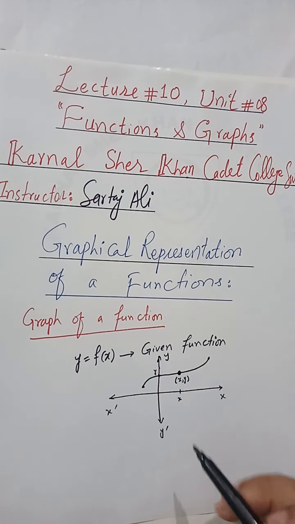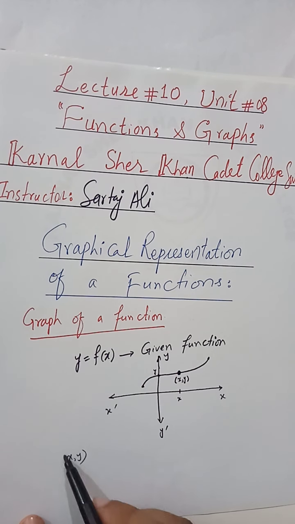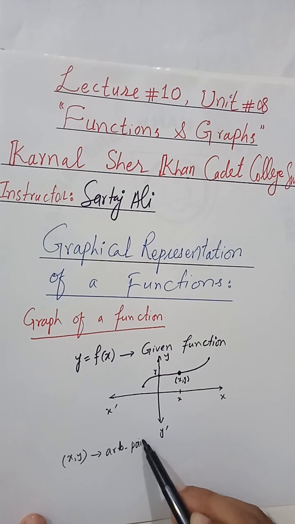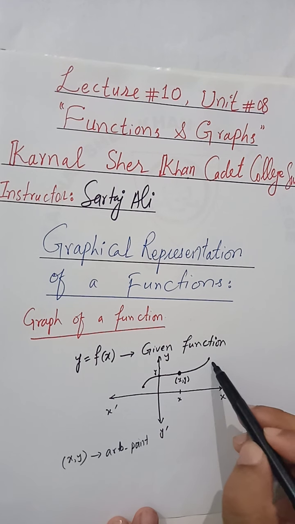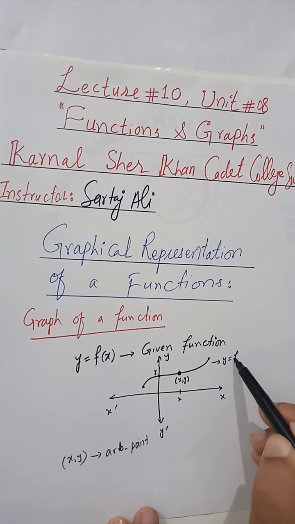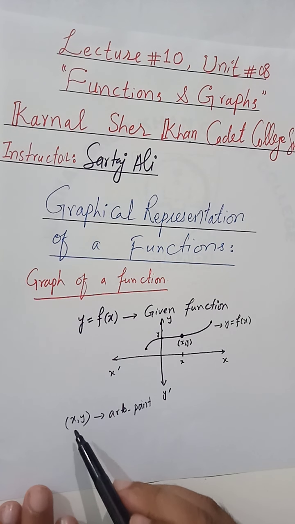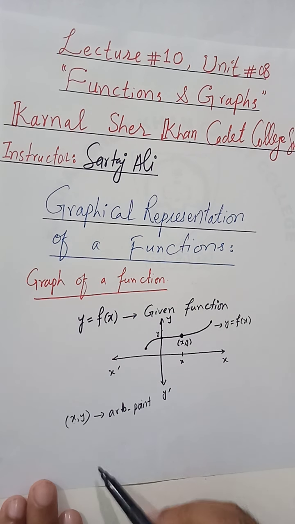Okay, so now you see that this xy is an arbitrary point on the curve, and let's say this curve is the graph of the function y is equal to f of x. So remember, when you plug this x in the given function, you will get this y.